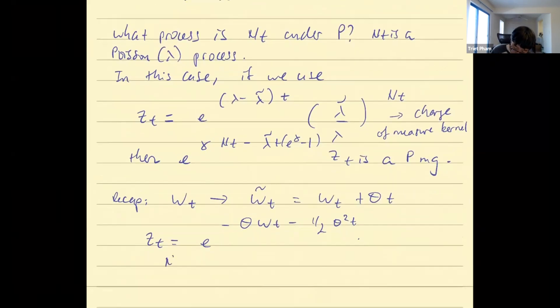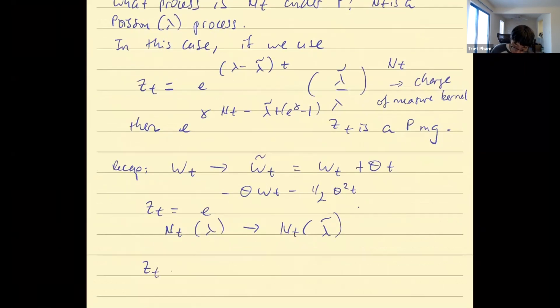For a Poisson process lambda, to change to a Poisson process lambda tilde, the change of measure kernel, let me call this Z1. Z2 is this guy right here: e to the (lambda minus lambda tilde) times t, times (lambda tilde over lambda) raised to Nt.